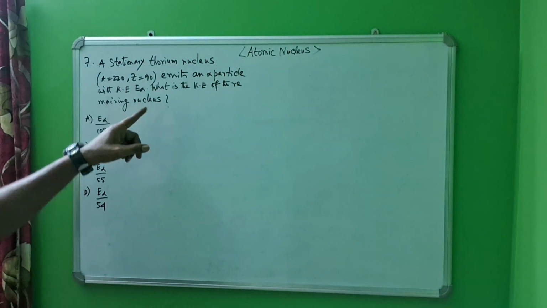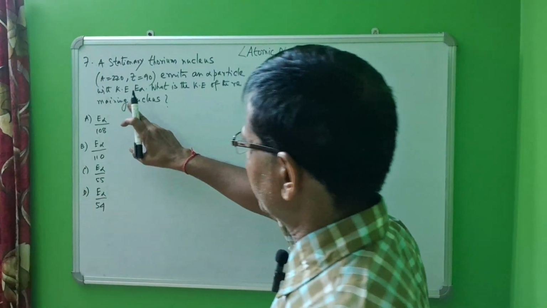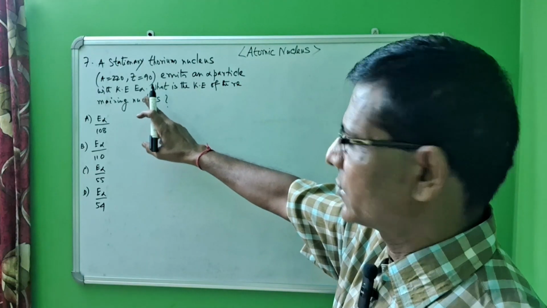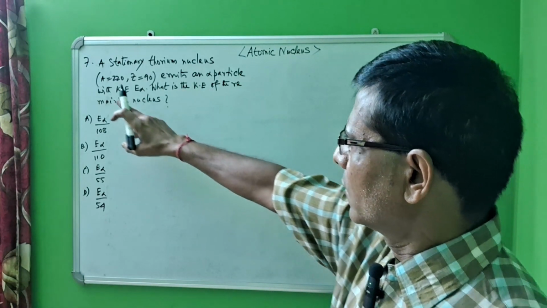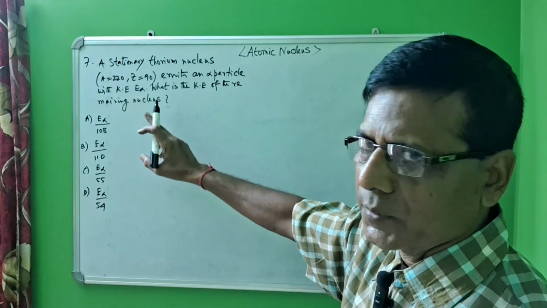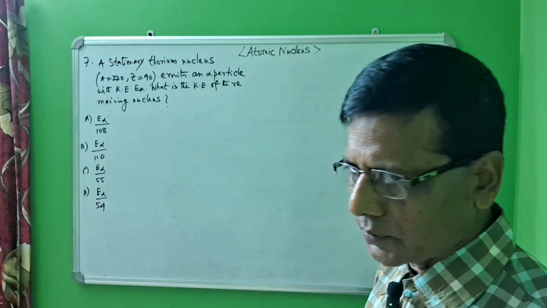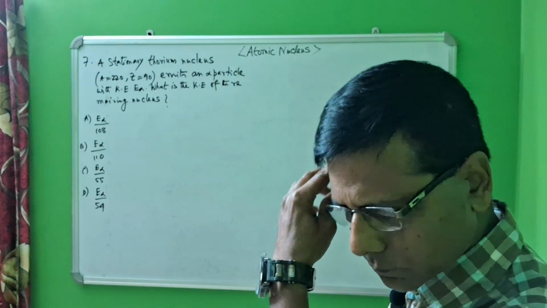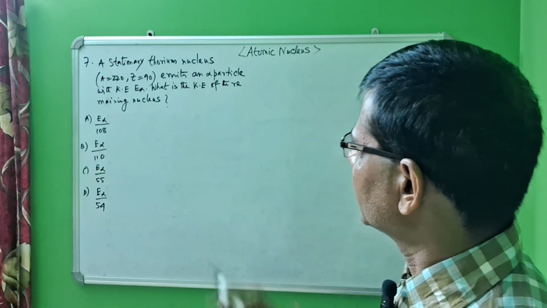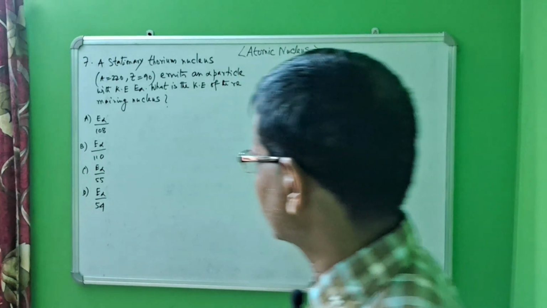A stationary thorium nucleus, with A equals 220 and Z equals 90, where A is the mass number and Z is the atomic number, emits an alpha particle with kinetic energy E alpha. What is the kinetic energy of the remaining nucleus?